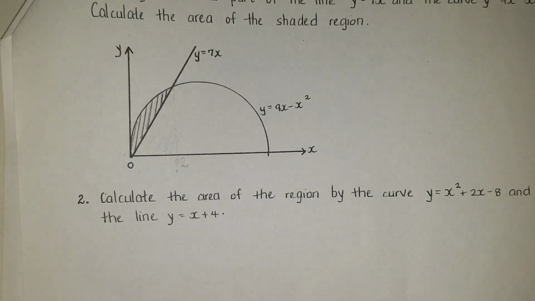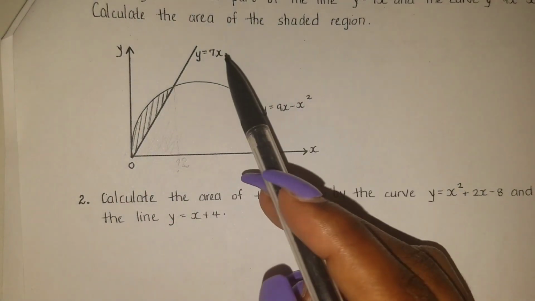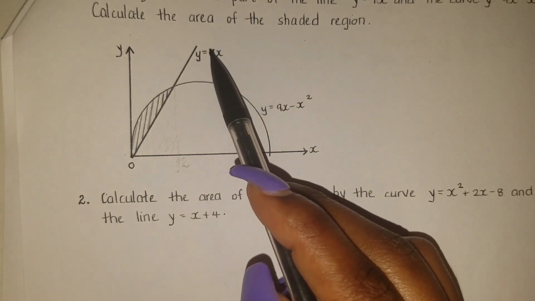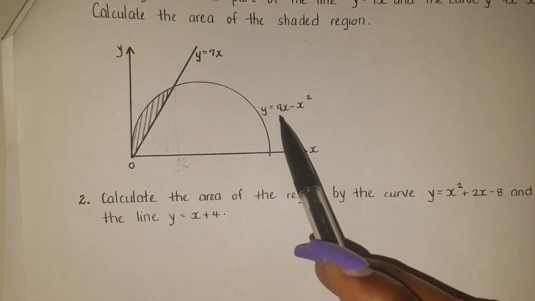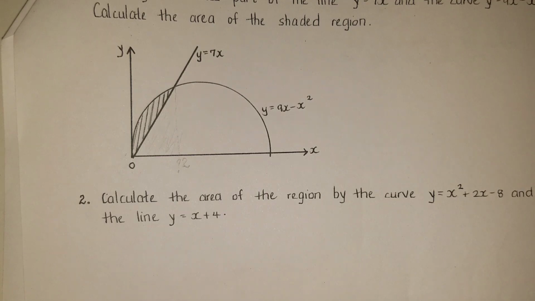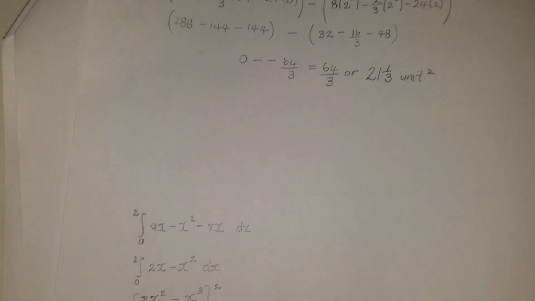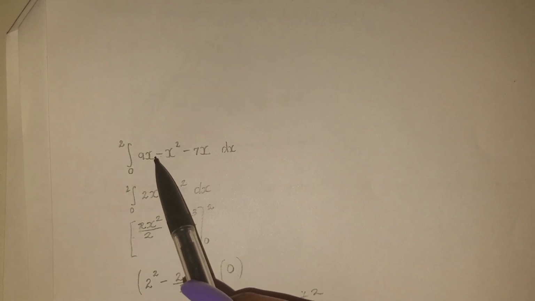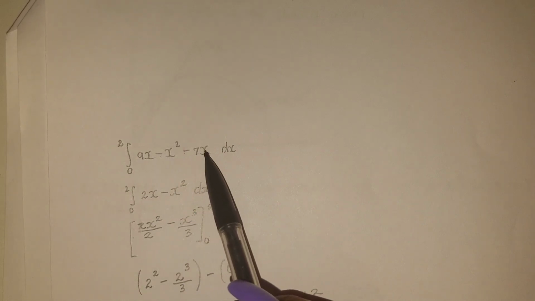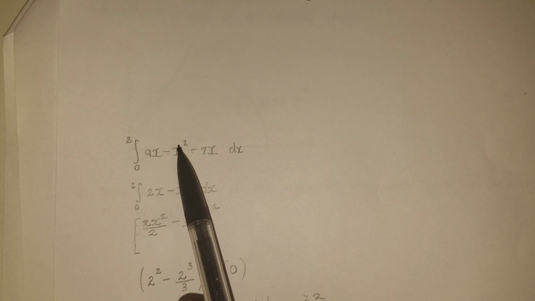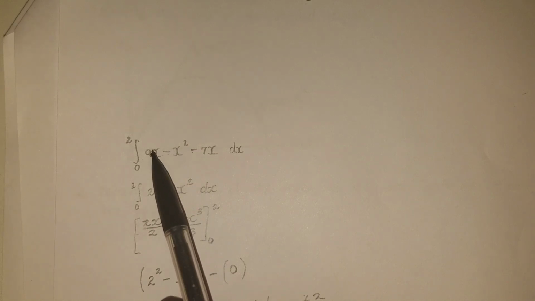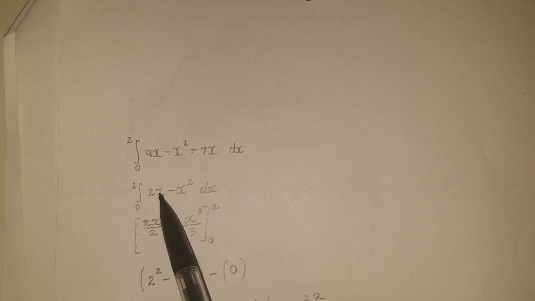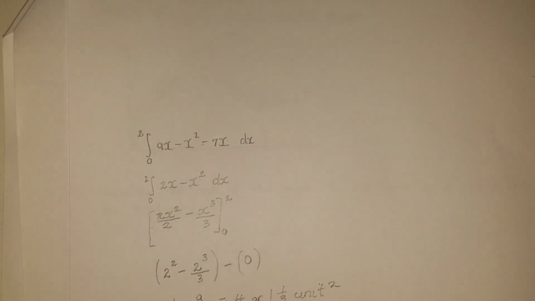So that means we're going to subtract 7x, this smaller function, from 9x minus x squared, the larger function. And that is shown right here. 9x minus x squared minus 7x simplified is a minus x squared, and 9x minus 7x is 2x. So this is what we will integrate.